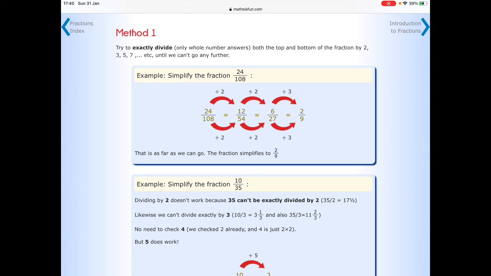Now can you think of anything that both 2 and 9 can be divided by at this point? No. 2 and 9 are not divisible by any of the same numbers, so that's as far as we can go. So the fraction simplifies to 2/9.